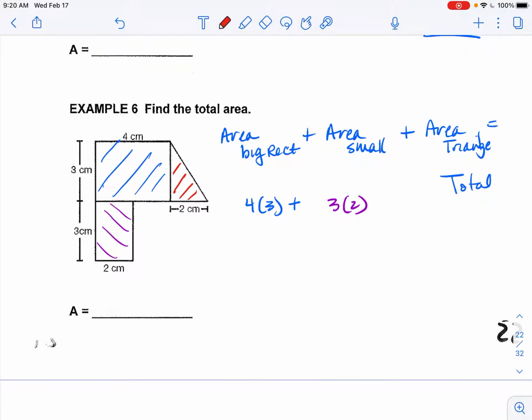And let's see, my base is 2, my height is 3. So this is plus 1/2, 2 times 3. Okay, let's add these up. So I have 12 plus 6 plus 2 times 3 is 6, and half of that is 3. 18, 19, 20, 21 centimeters squared. And that's my final answer.